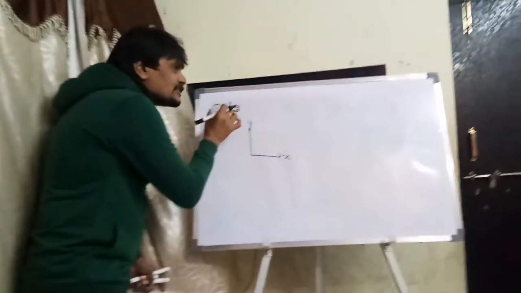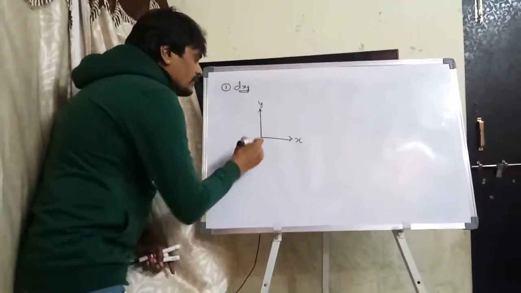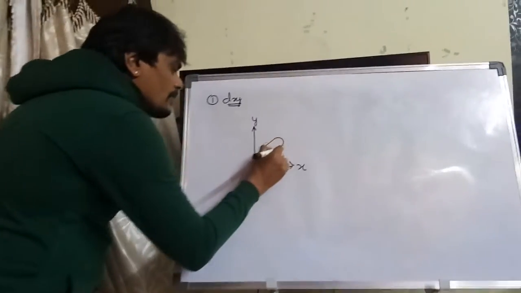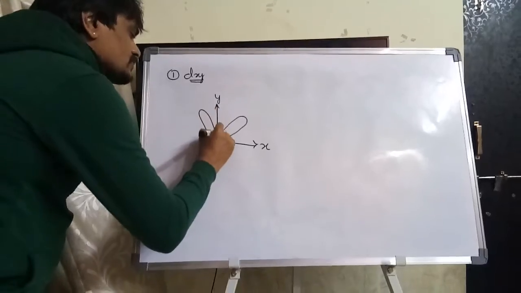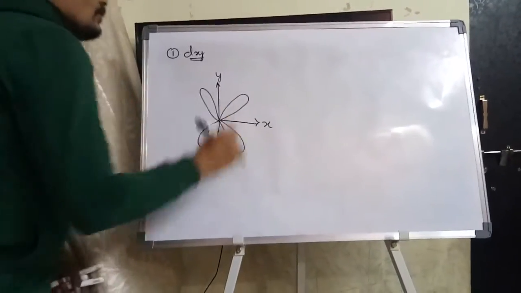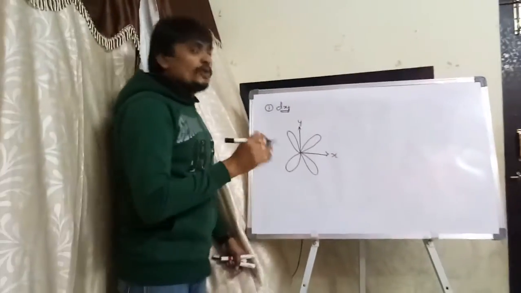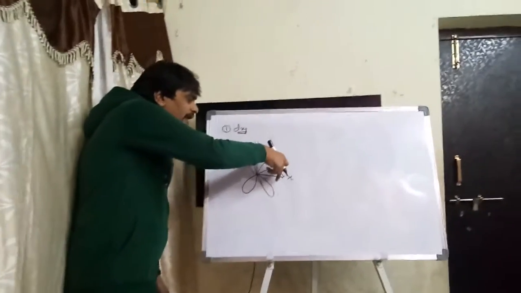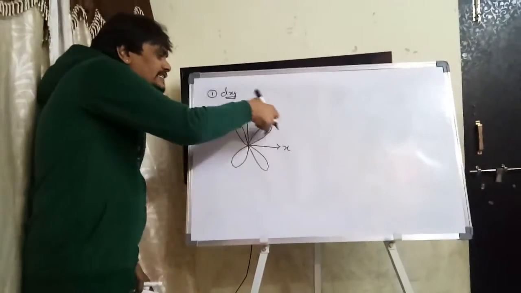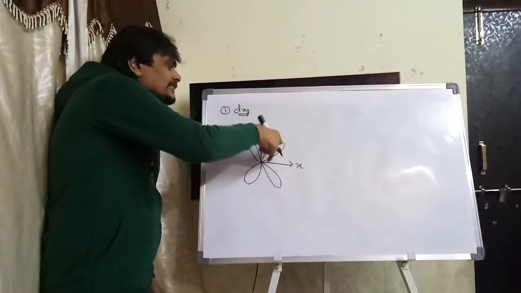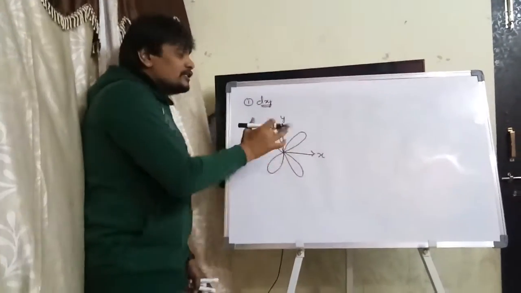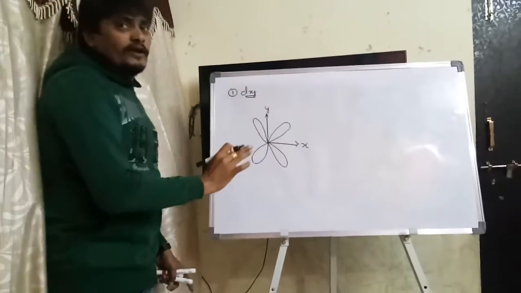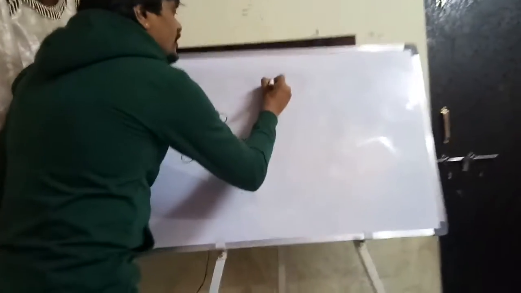Now in the dxy d orbital, the lobes are placed between these 2 axes. If the lobes are placed in between the 2 axes x and y, then this particular d orbital is called dxy. Now coming to the second d orbital.